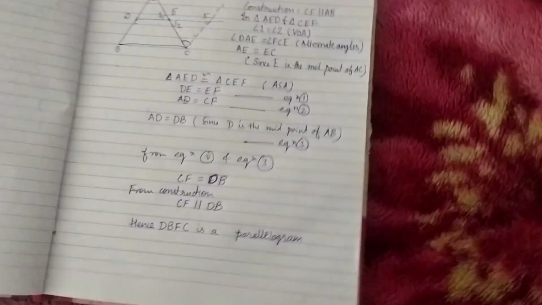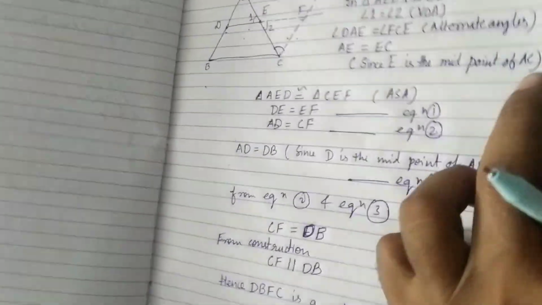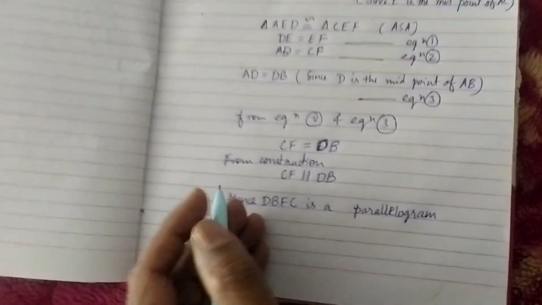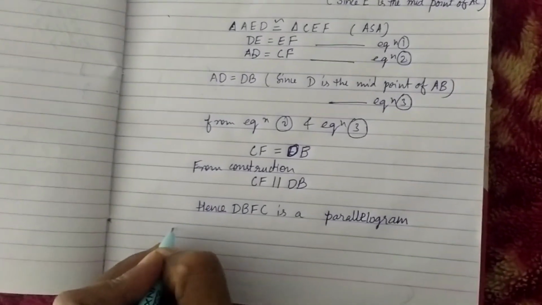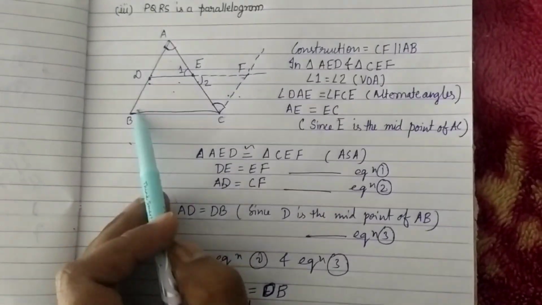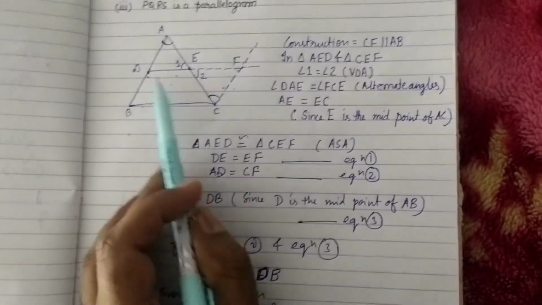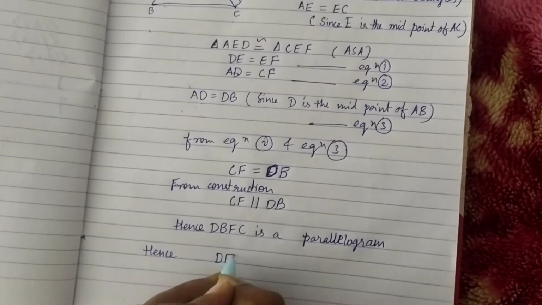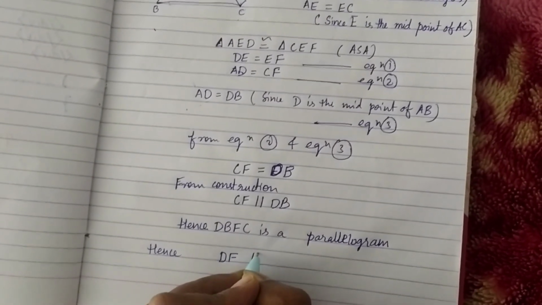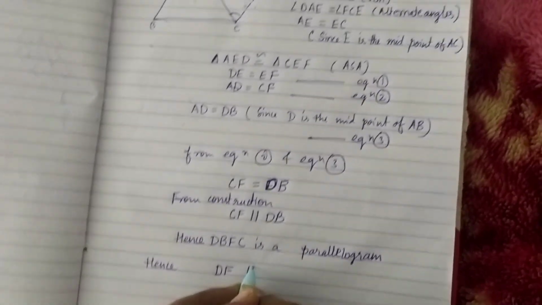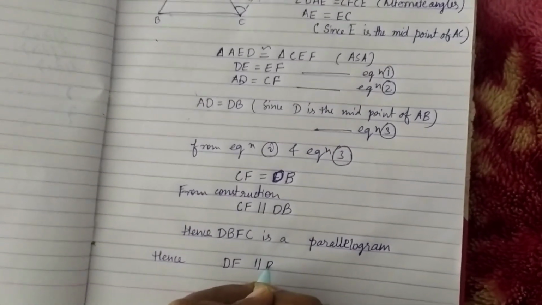If it is a parallelogram, then DF will be parallel to BC. So DF will be parallel to BC.